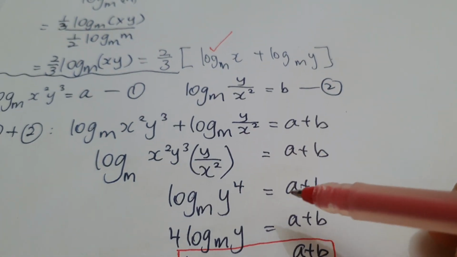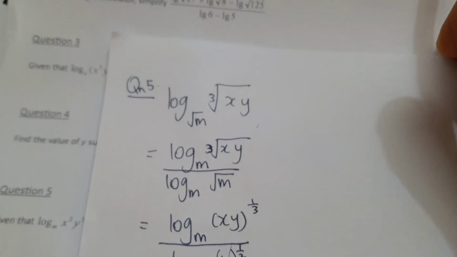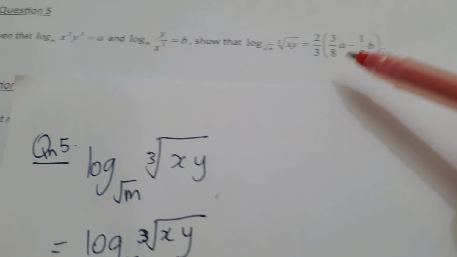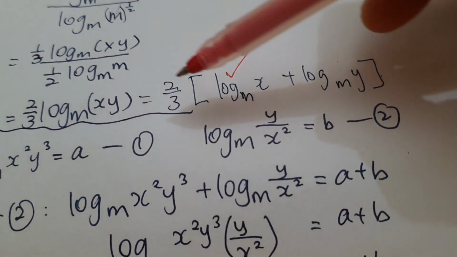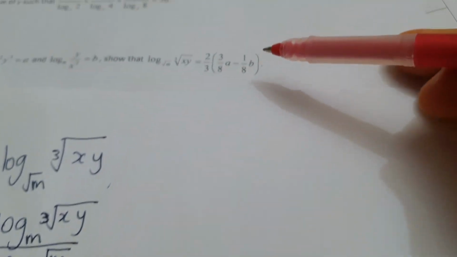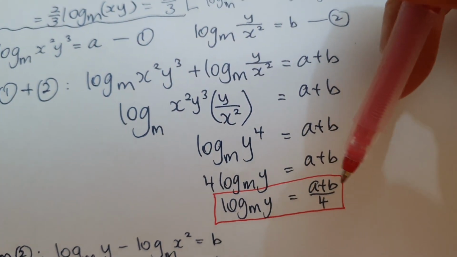Because the question wants you to show this, see, I got my A already. This is your 2/3, and I got my A and B already.